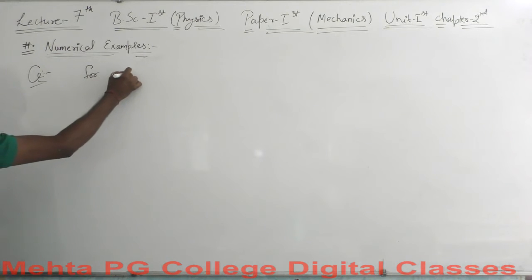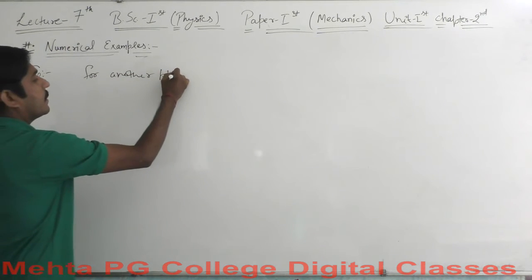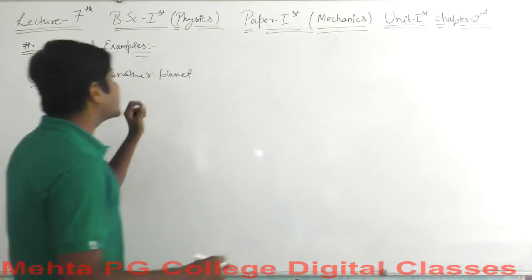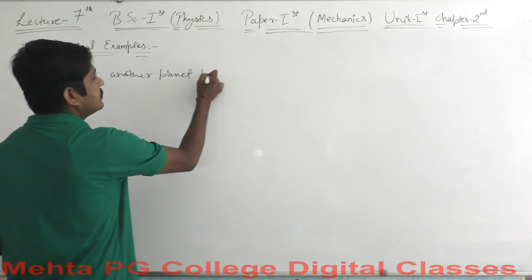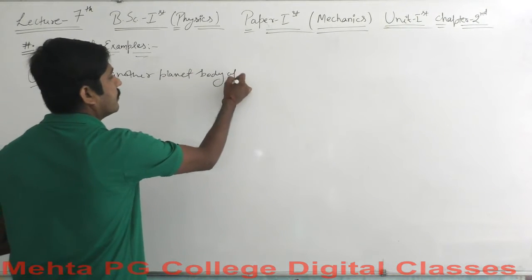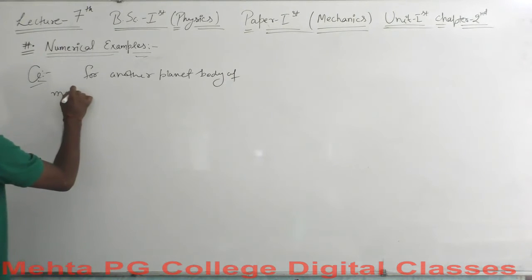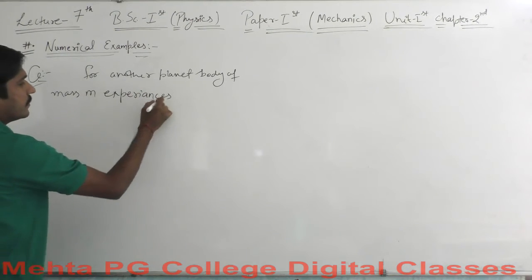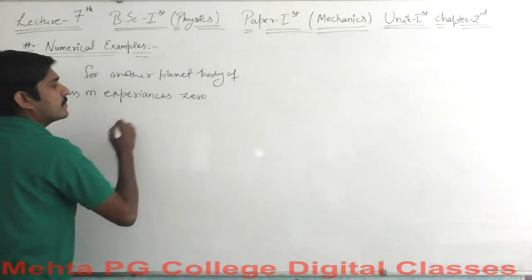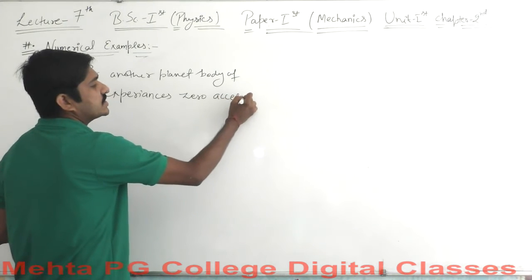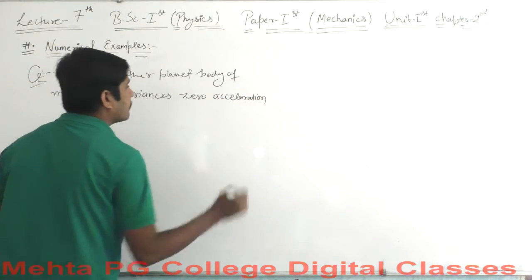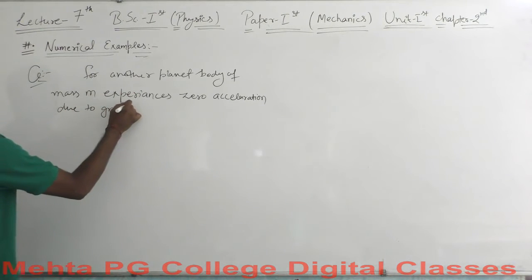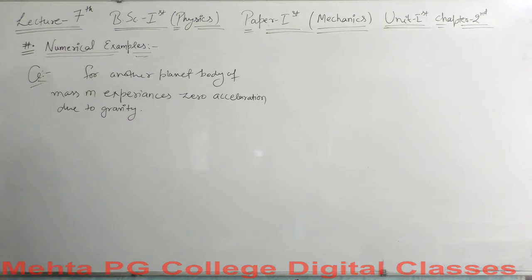For another planet, we have assumed a planet somewhere, and at that planet a body of mass m experiences zero acceleration due to gravity.